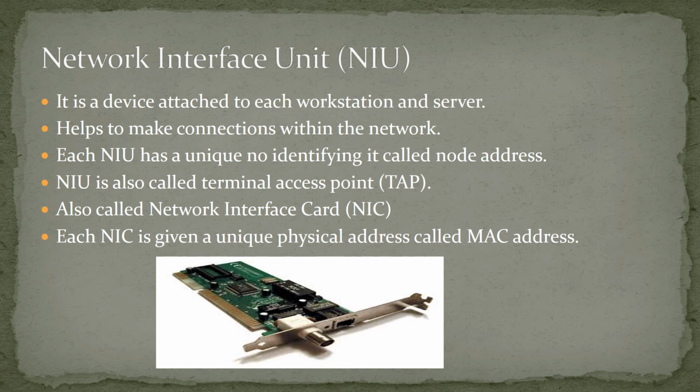Suppose machine number 1 wants to send a message to machine number 5. How will the server be able to identify which is machine number 5? That is with the help of the MAC address.